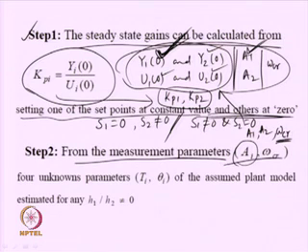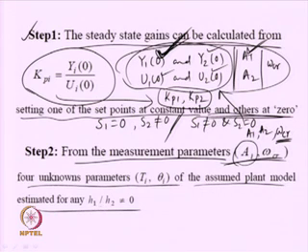With the measurements of Ai and omega CR, 4 unknown parameters of the assumed plant models can be estimated, provided the ratio H1 upon H2 is not equal to 0. That means both the relays should be present, so both the relay settings must be non-zero.